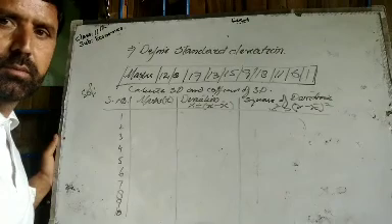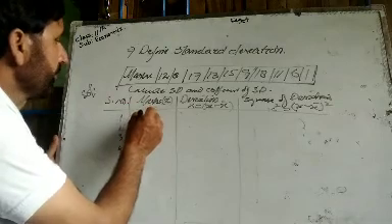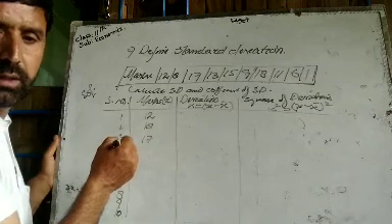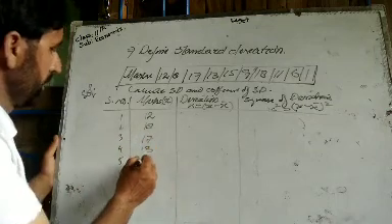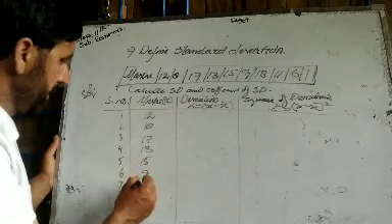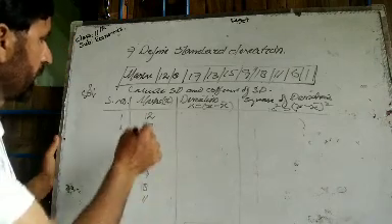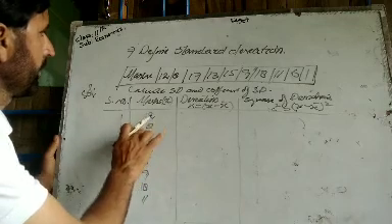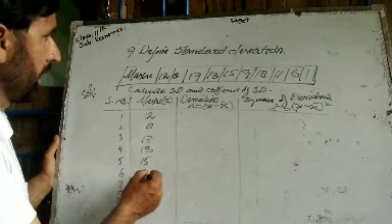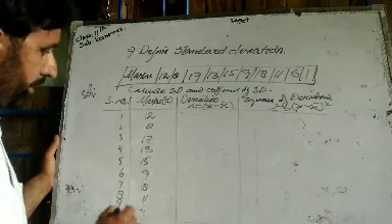Now you see here that the marks are 12, 8, 17, 13, 15, 9, 18, 11, 6 and 1.